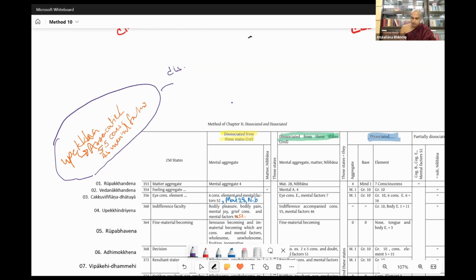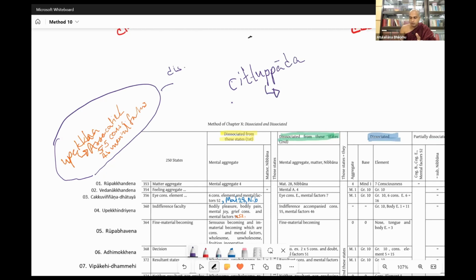So in the Pali word, I think I have explained this before. The term we use is chittupada, right? I think this comes in the commentary as well. Chittupada means you consider a particular mind moment.